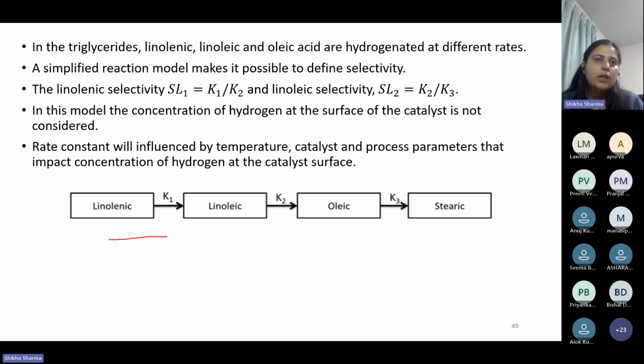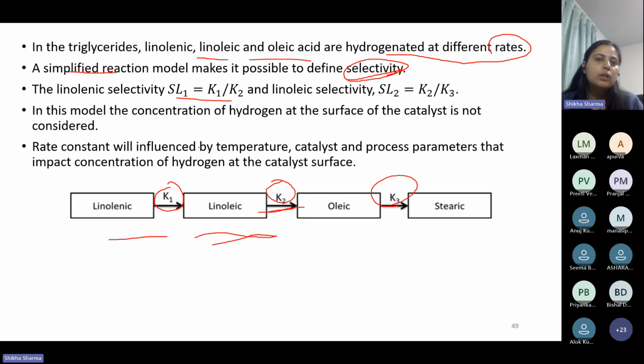Yes, ma'am. In triglycerides, there are linolenic acid, linoleic acid, and oleic acid, and they hydrogenate at different rates. So this simplified reaction model defines their selectivity. Linolenic selectivity is SL1 equals K1 divided by K2, and for linoleic, SL2 equals K2 divided by K3.